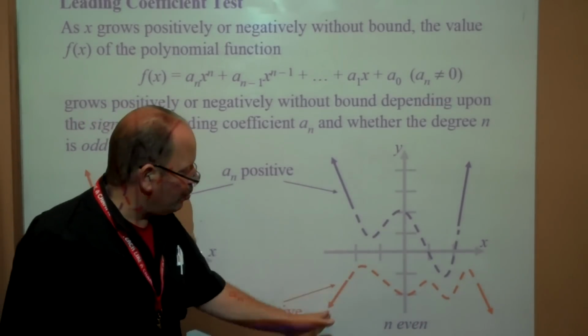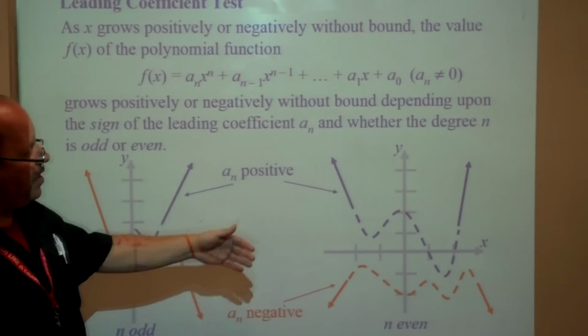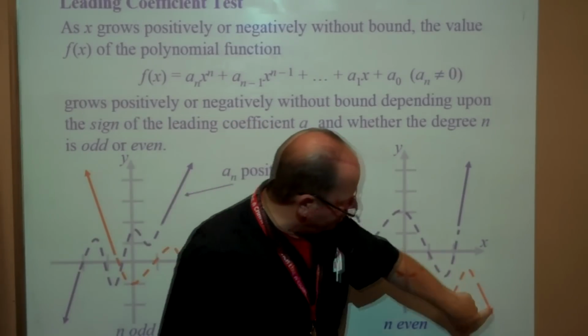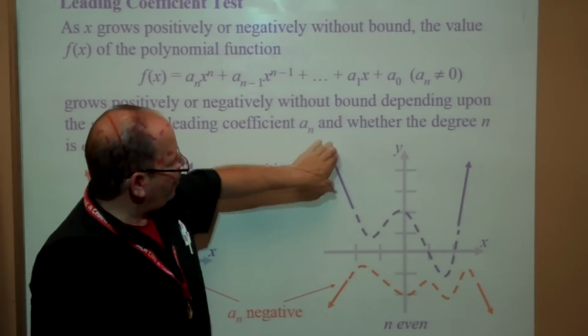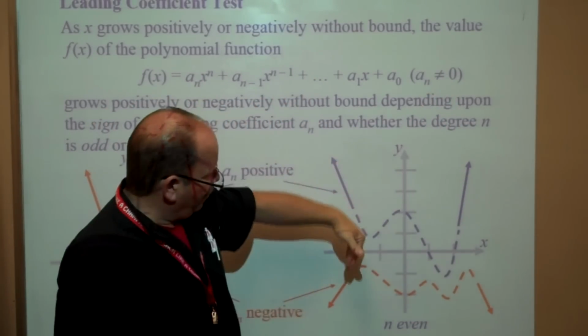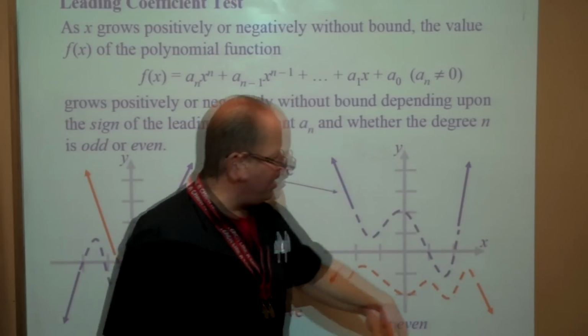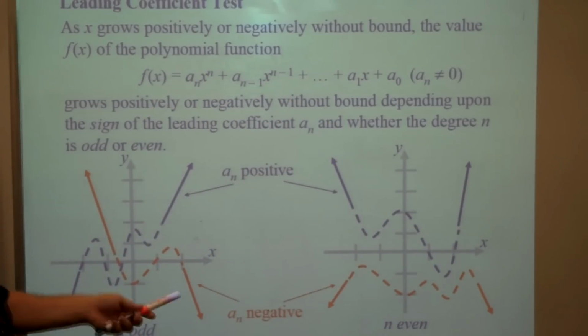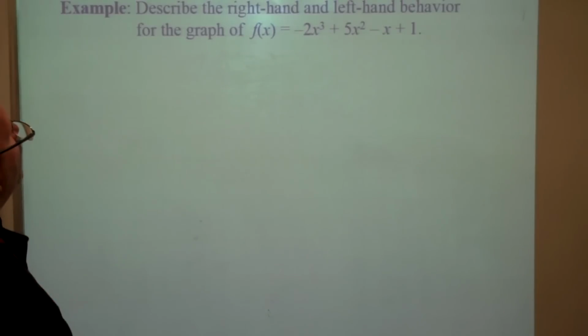We see that the direction changes. So if it's an even function, it has this end behavior where both sides are going in the same direction. If the first coefficient is positive, it's growing up. But if the lead coefficient is negative, it's going to go down.